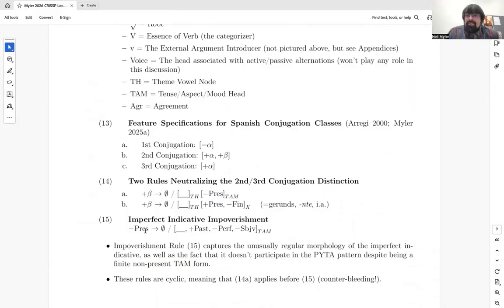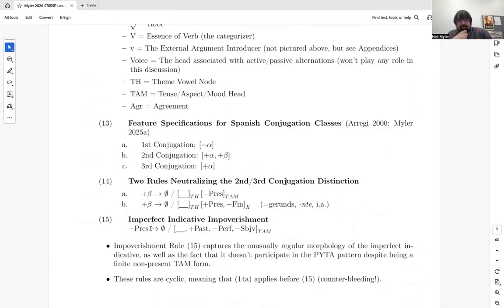That counter-bleeding order doesn't have to be stipulated because it follows from the cyclic principle. Because 14a targets the feature on the theme node, and 15 targets a feature on the tam node. And the theme node is lower in the structure than the tam node, right? Therefore, by the cyclic principle, 14a applies before 15, which is what you want.